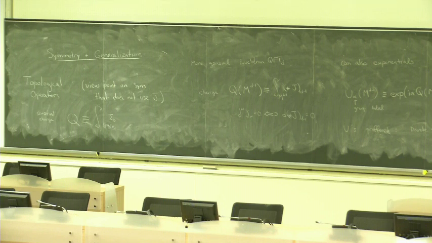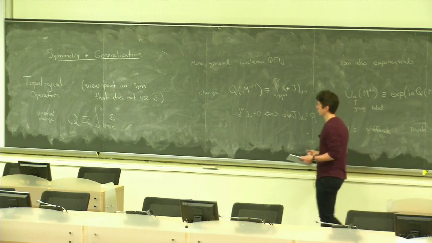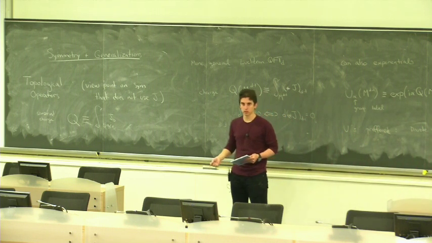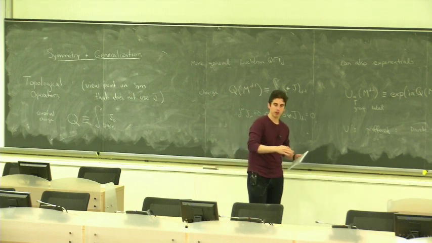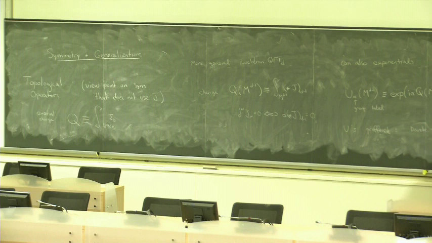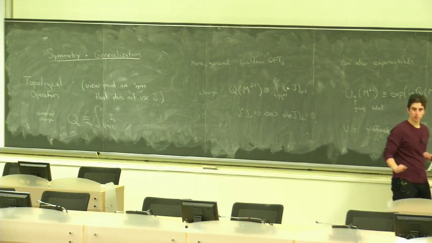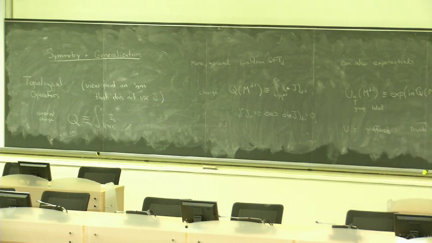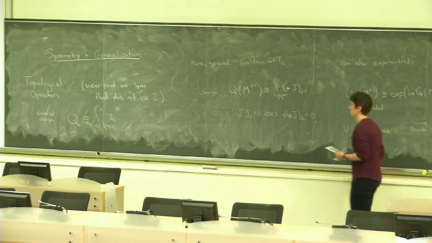And this is 0 by current conservation. So these operators are special because they are topological. They're not just any operator on some d-1 manifold. They depend only topologically on that manifold, and that's equivalent to the notion of the current being conserved. Okay, so what's the next key property?